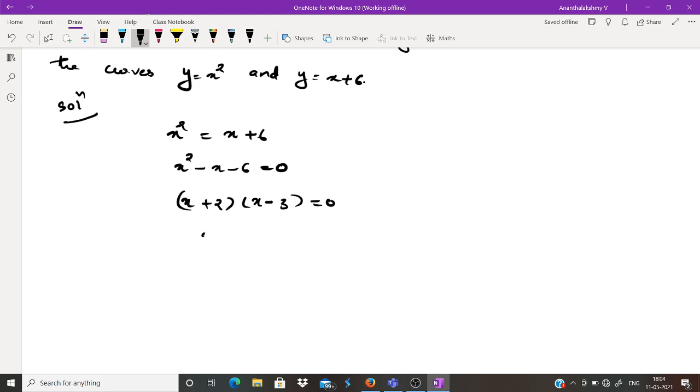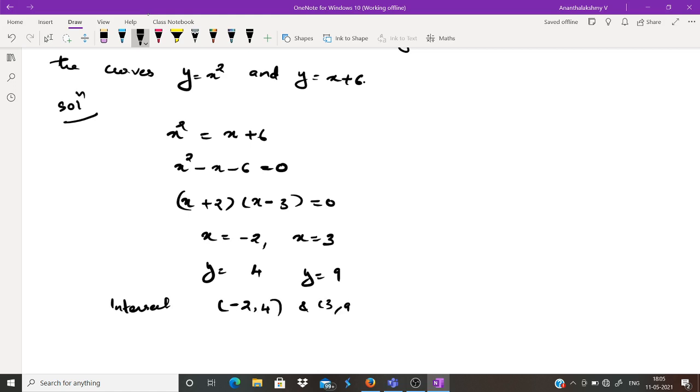So you get the value of x as minus 2 and 3. Corresponding values for y you can find out. When x equal to minus 2, you get y equal to 4. When you put x equal to 3, you get y as 9. So the intersecting points are minus 2 comma 4 and 3 comma 9.